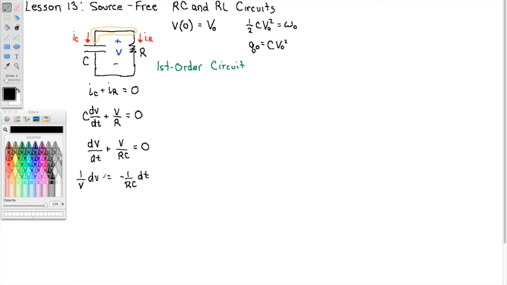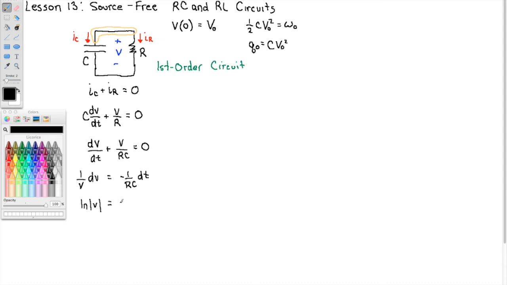All right, and if I'm after V, then I need to integrate both sides. So the integral of 1 over V dV is the natural log of V, and the integral of negative 1 over RC dt, well, negative 1 over RC, that's a constant.